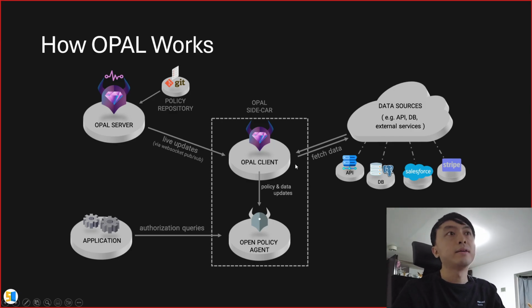On the other hand, there is a mechanism where the OPAL client can fetch data resources from an API or from a database or from any other external service.